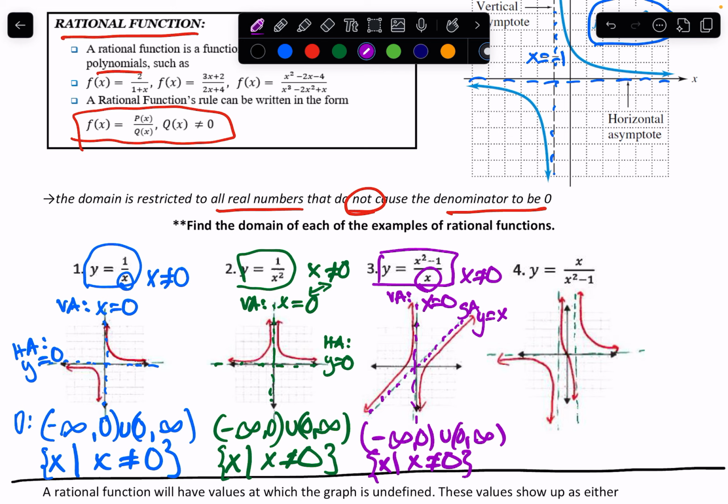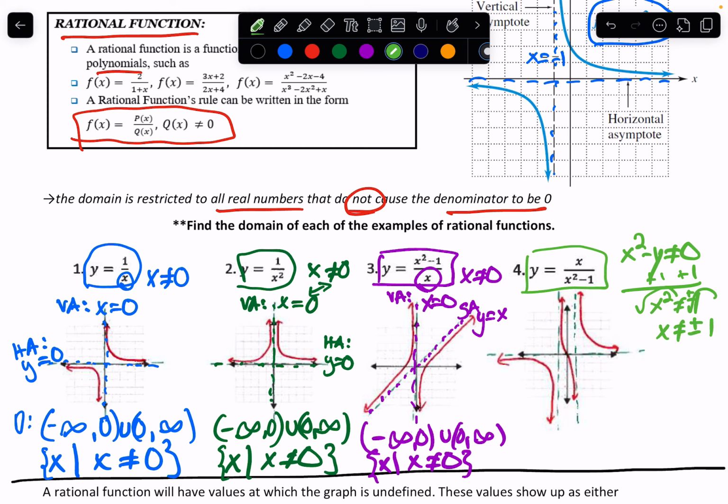Next one is y equals x over x squared minus 1. So now x squared minus 1 cannot equal 0, or we're going to be dividing by 0. We're going to add 1 to both sides. X squared cannot equal 1. Well, we're going to take a square root and add a plus and minus. So x cannot equal positive or negative 1.